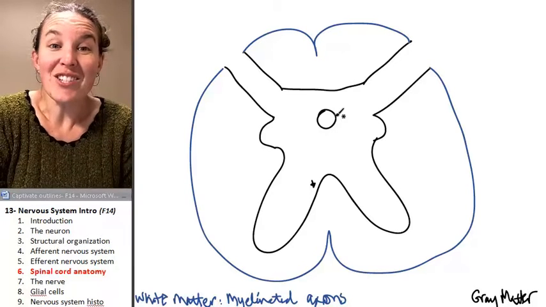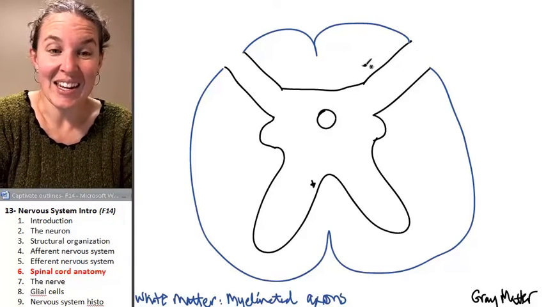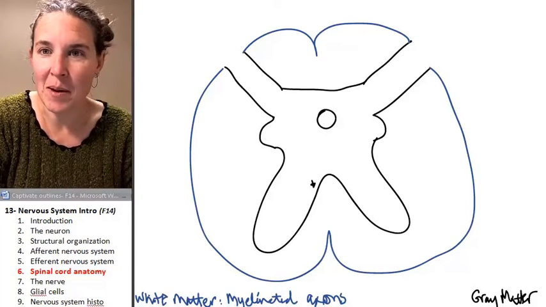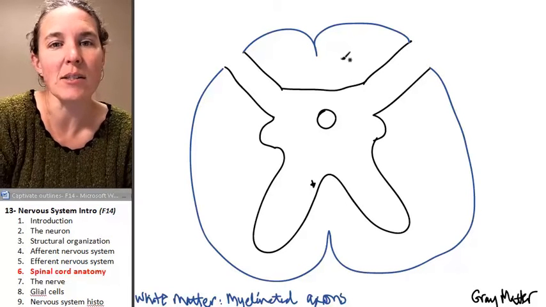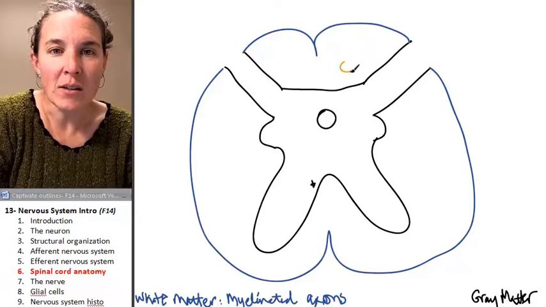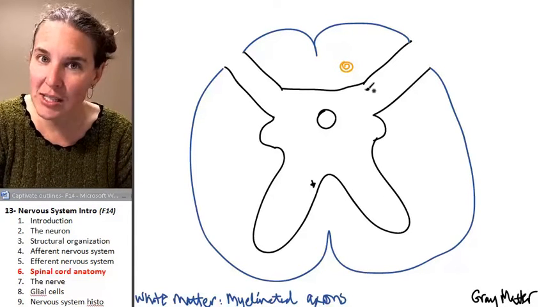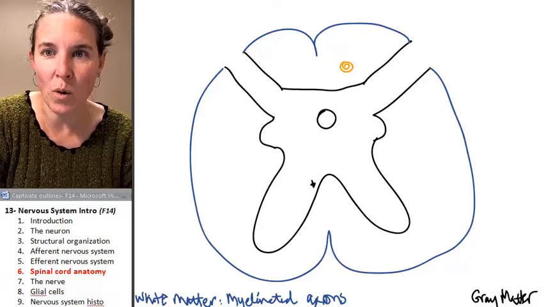So what you'll actually see in the white matter, I'm going to make my myelin kind of orangey or yellowy. Yellowy is good. Here's a little bubble of myelin. Kind of looks like a little cinnamon roll.